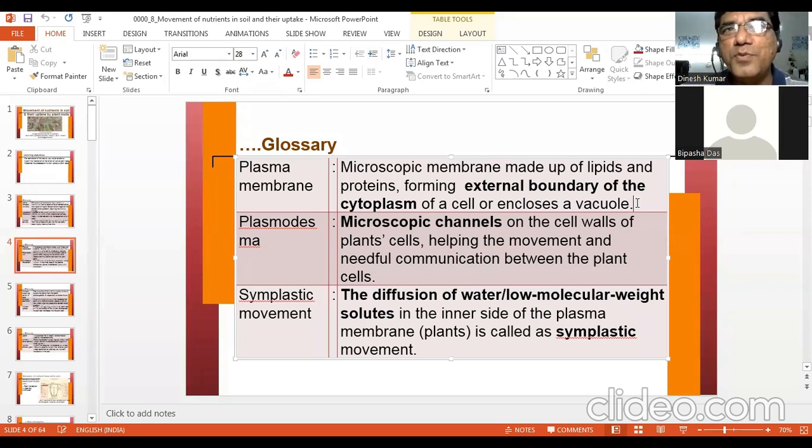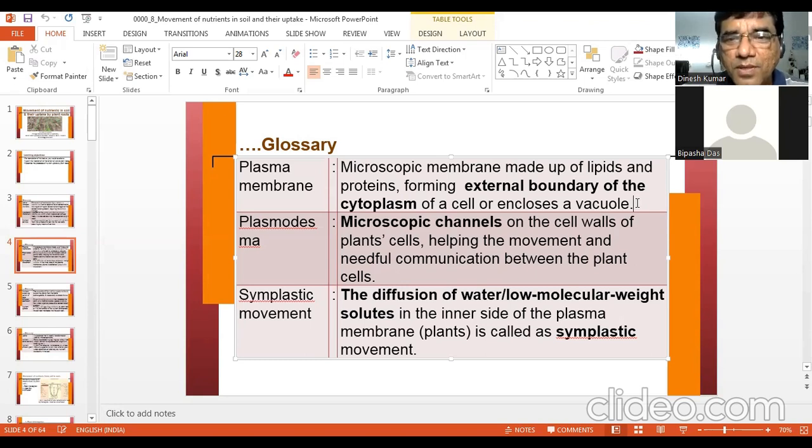The nutrients need to move from one cell to another cell, and these cells are of different types. If we start from outside the root, we start from the epidermis. The characteristics of the epidermis cell will be different from the next cortex cells, pericycle, and then xylem, phloem, Casparian. Every cell will contain vacuoles.